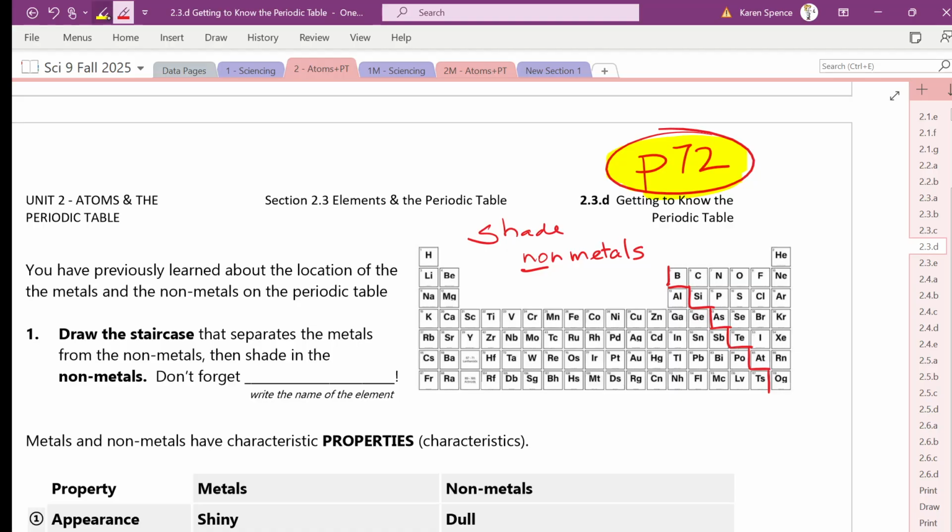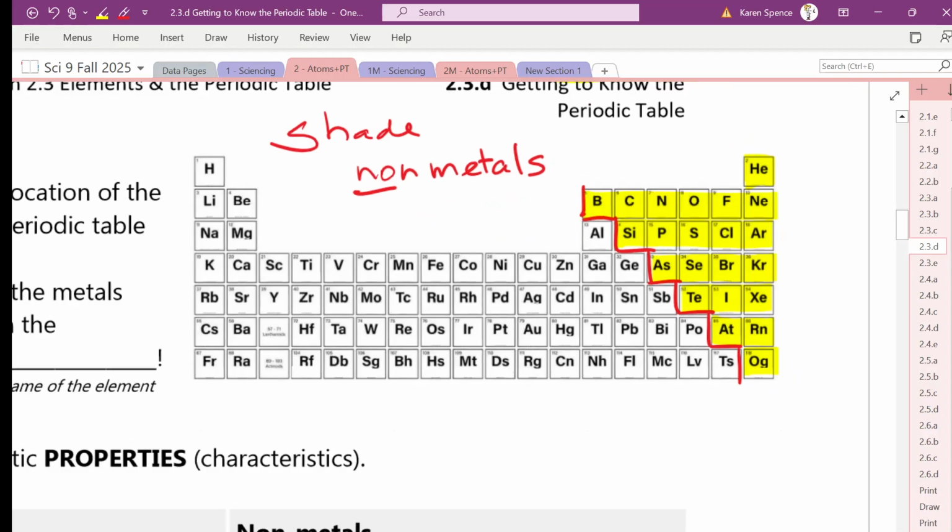So are they part of the non-metals? They're kind of part of the metals. You know what? If we're just using the staircase, we're going to say everything to the right of the staircase is non-metals. We're going to say everything to the left of the staircase is metals. We'll worry about metalloids when we're worrying about metalloids, which we're not right now.